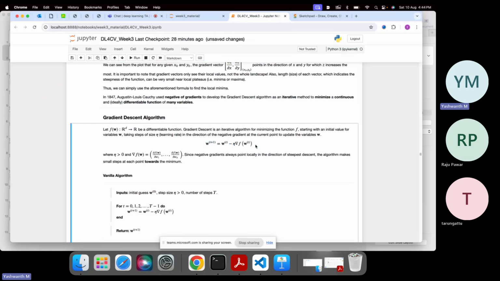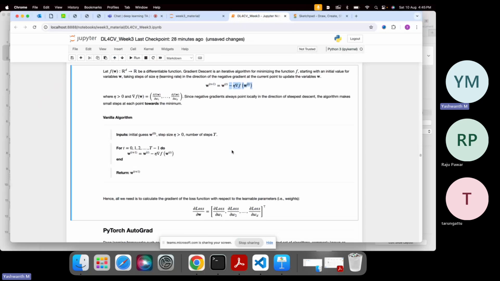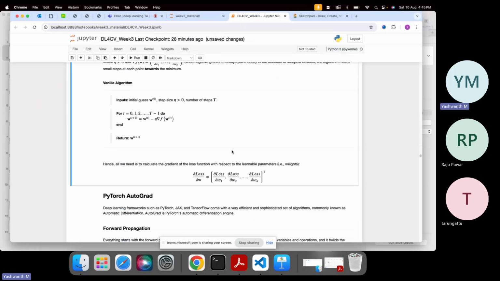That gradient is increasing the function, the loss value. That's the reason we put a negative sign here and add it to the existing weights. In that way, we go along the direction where the function is decreasing. So that's gradient descent.